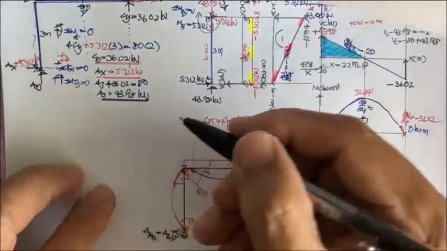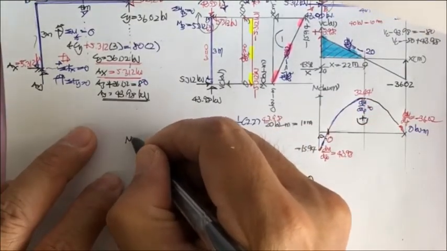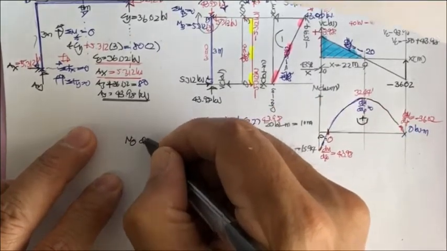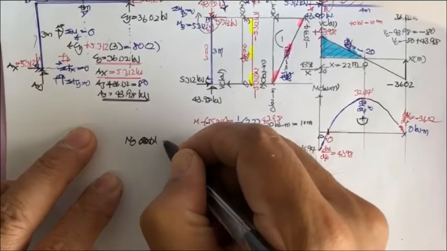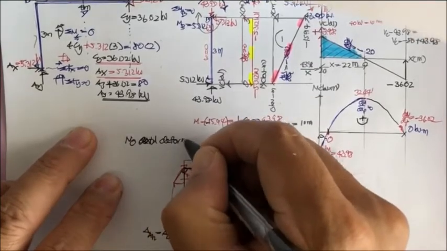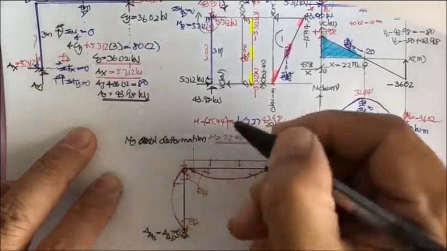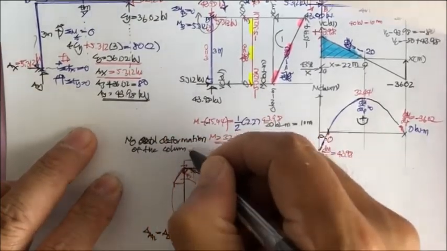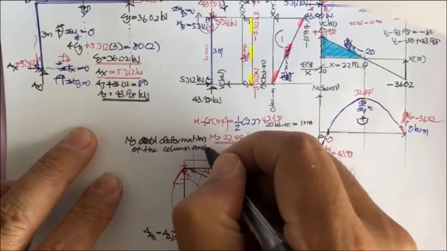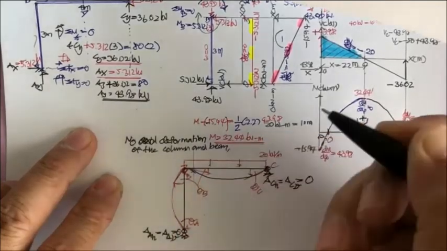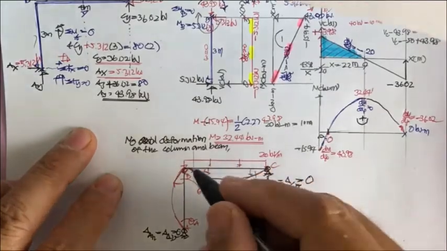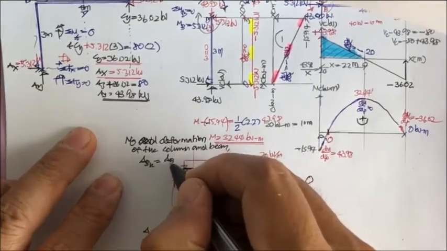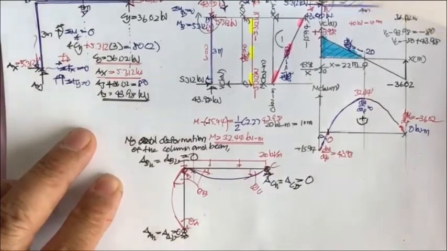And due to infinitesimal or no axial deformation of the column and beam, we have delta BH equal to delta B phi equal to 0.